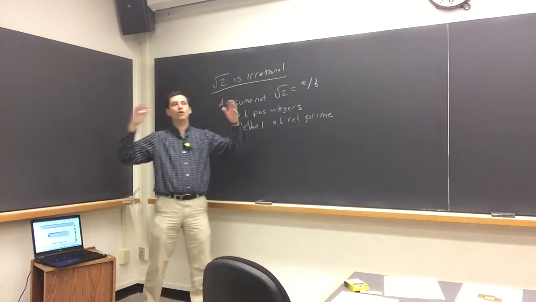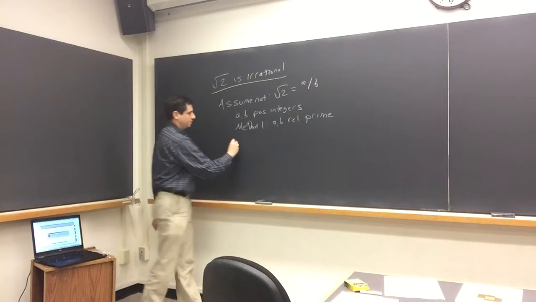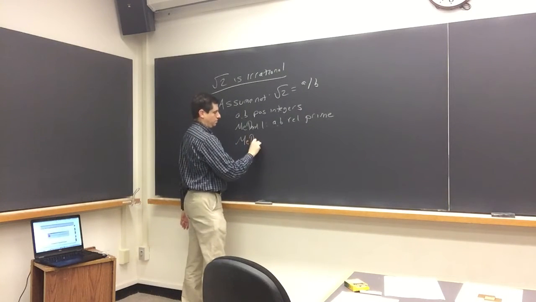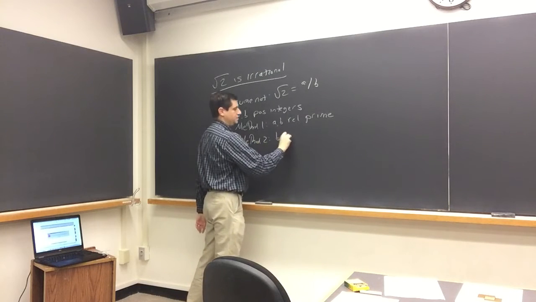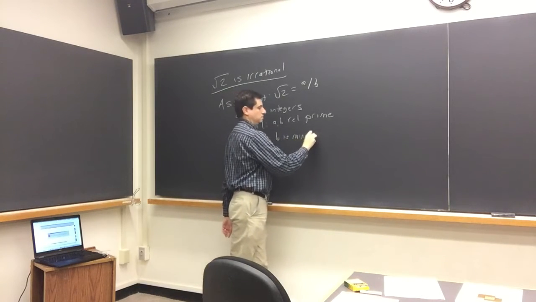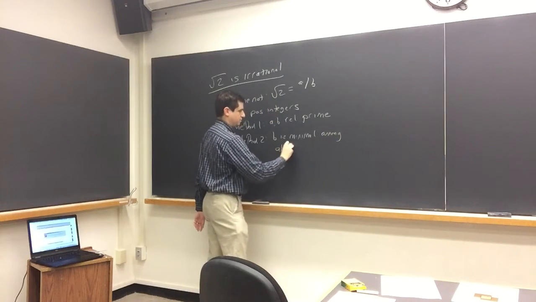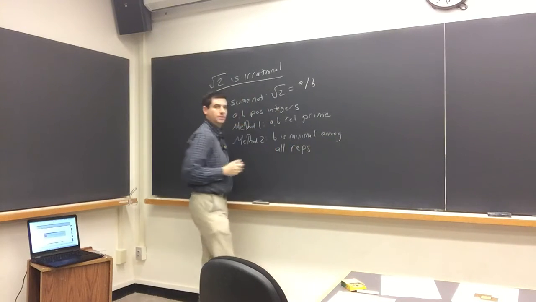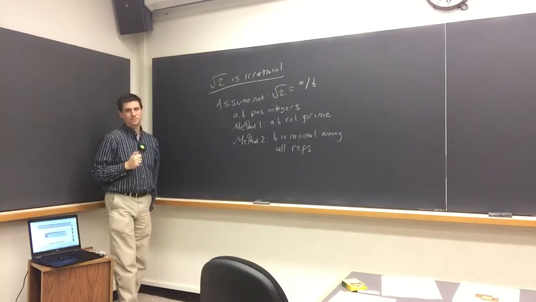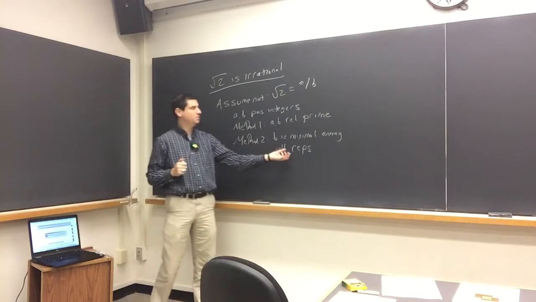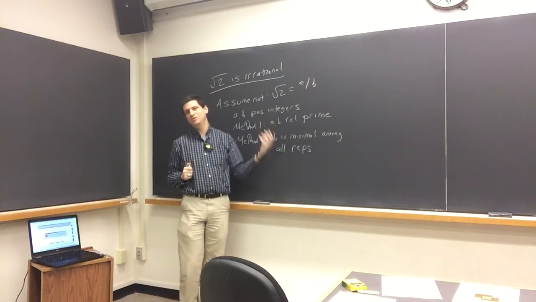Right? Look at all fractions a over b. Method 2. b is minimal among all representations. And they're really extremely similar. And of course, if b is minimal, then a and b must be relatively prime, or you could reduce b further.